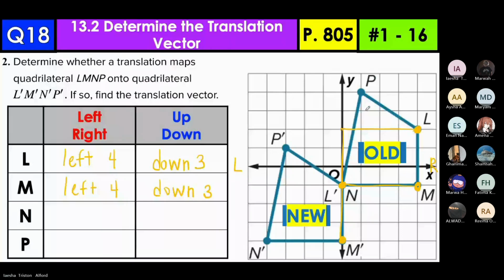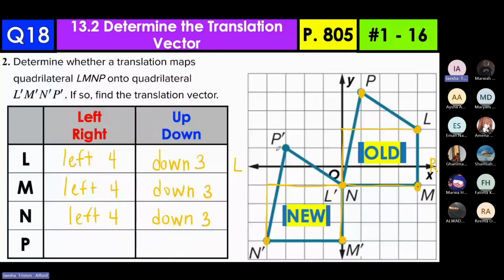Okay. From N to N prime. Left or right? Left 4 and down 3.